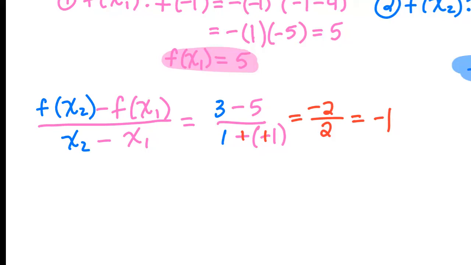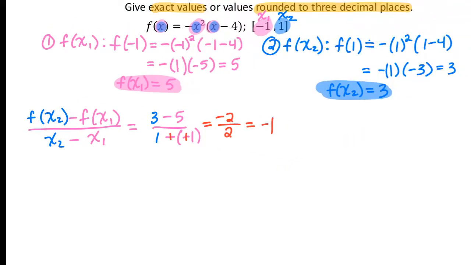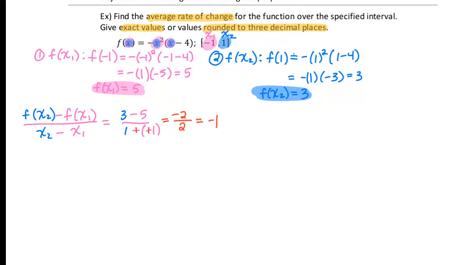And then for your answer, you can't just say it's negative 1. You got to answer it properly by telling me what the interval is and what you just calculated. We just calculated the average rate of change. But instead of saying the average rate of change, blah, blah, blah, I'm going to abbreviate that to AROC.